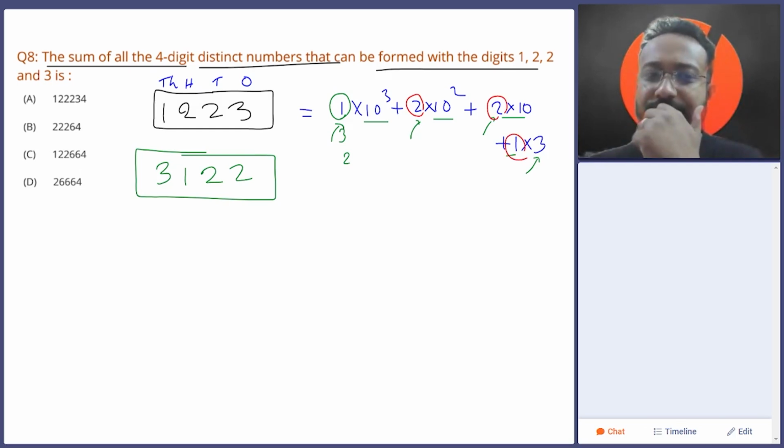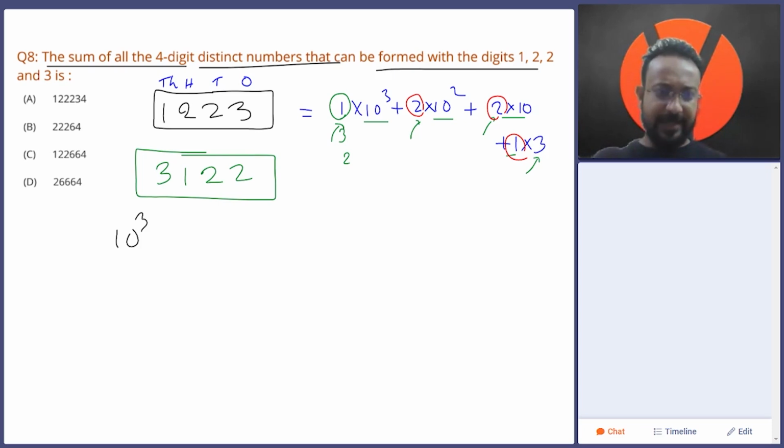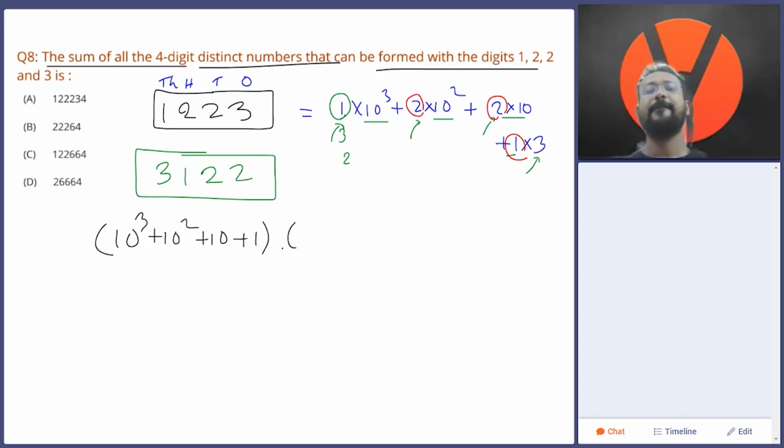So the point is, how many times are they coming? If we say 10 cube plus 10 square plus 10 plus 1, correct?